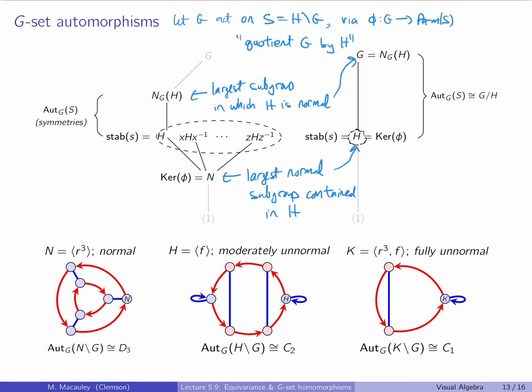So there is a map that sends this to any other node. I don't know if this helps or not, but I think it's nice to compare and contrast when H is normal and when it's not, and the difference between the normalizer and the kernel, and in particular what these two quotients mean.